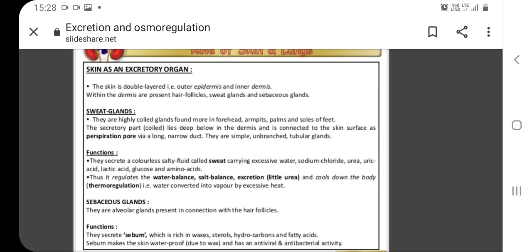Besides kidney, the skin and the sweat glands and the sebaceous gland present in the skin function as an excretory organ. Skin contains an outer epidermis layer and inner dermis layer. Within the dermis are present the hair follicle, sweat gland, and sebaceous gland.